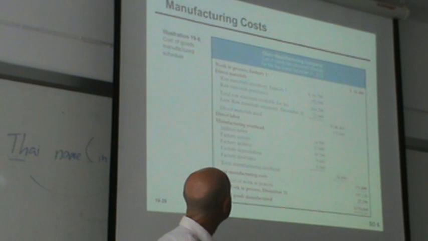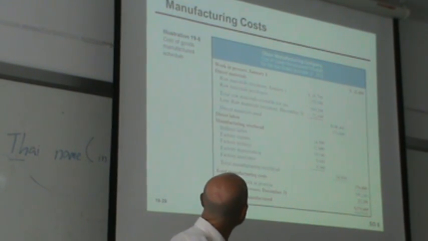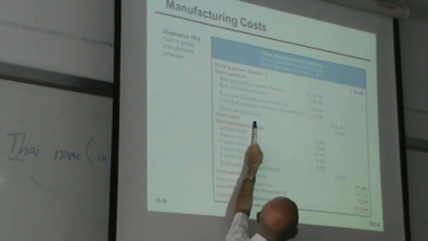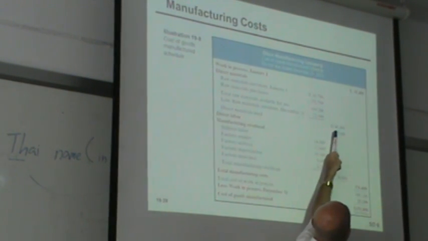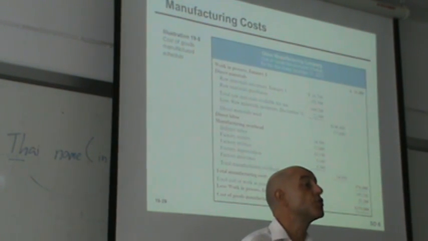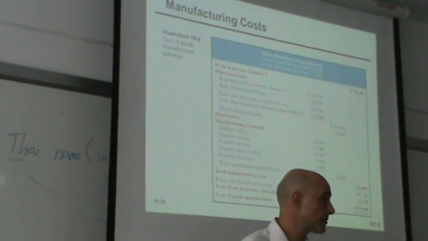Less raw materials, okay? So, this gives you direct materials used is 146.